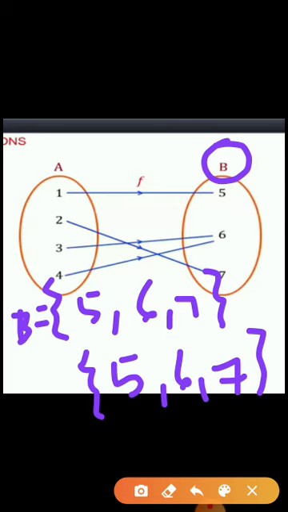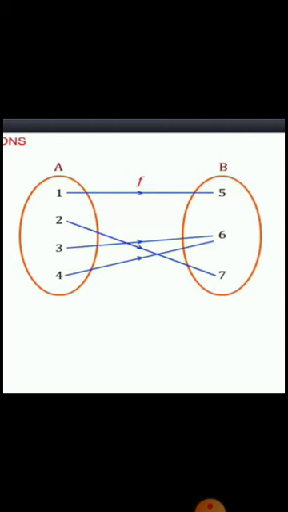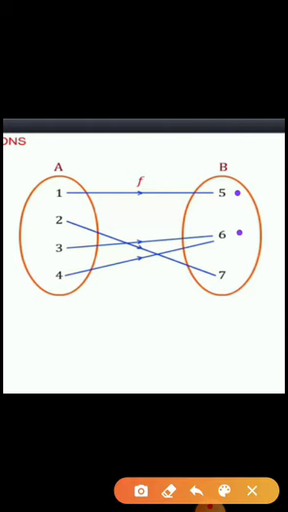So how we can define is, if your codomain and the range set are the same, then it is said to be an onto function. Okay, or the other definition is, we can say that each and every element of the codomain should have at least one pre-image.